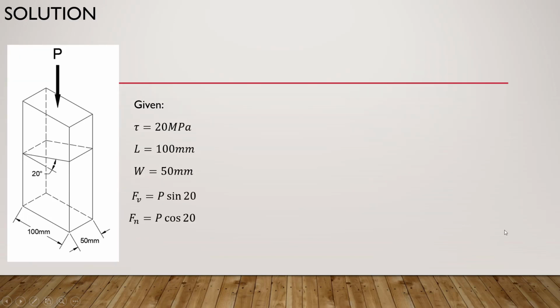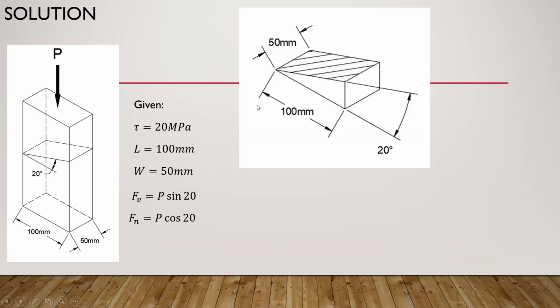Next, we need to consider the plane. We need the area perpendicular to the normal force and the area parallel to the shear force, which is this one, the plane with the hatch. Since this is a rectangular surface, we just need to multiply the length and the width.